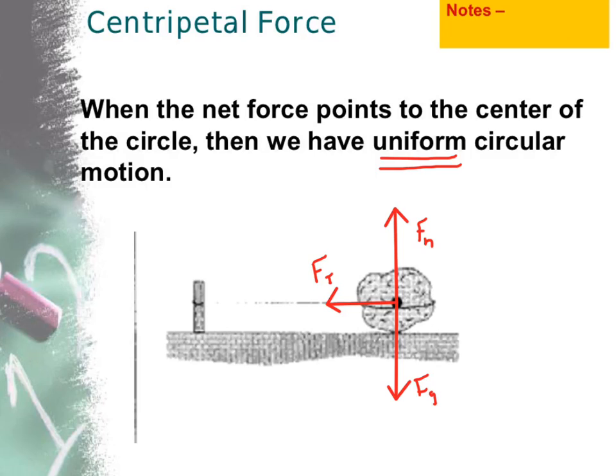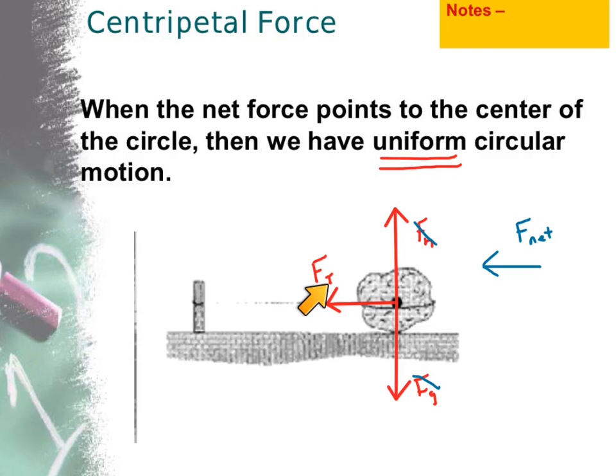So if I want to find the net force, I'm going to add all these up. I know that normal force is going to balance out with gravitational force. So the net force that results is going to be in this direction, and all of that is due to my tension force.